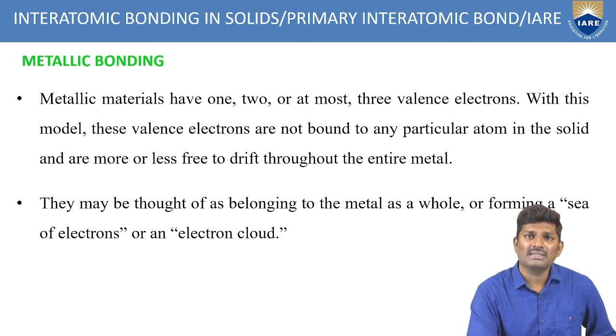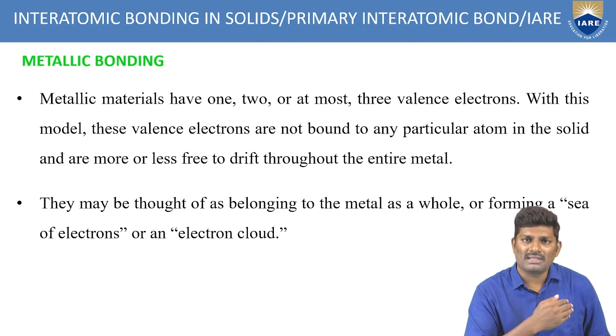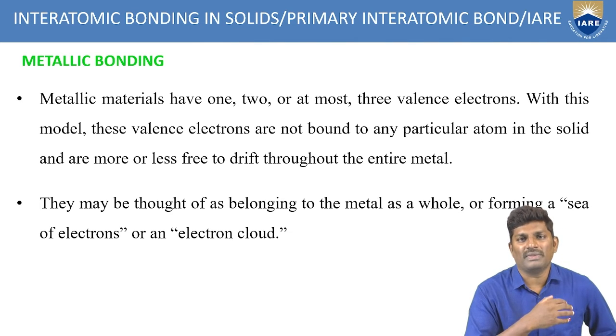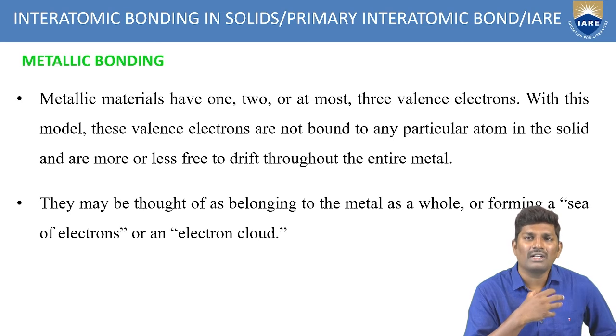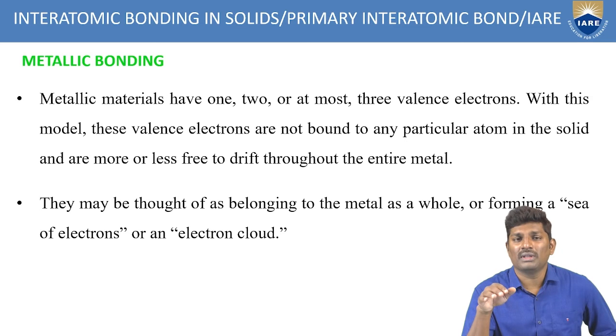So what is happening in this? Since metallic materials have 1, 2 or 3 valence electrons, in this model the valence electrons are not bound to any particular atom. Since there is a free flow, they are not bound to a particular atom.